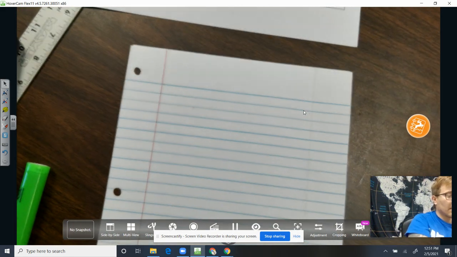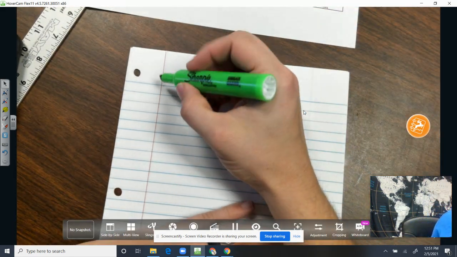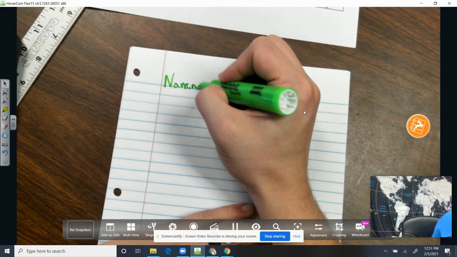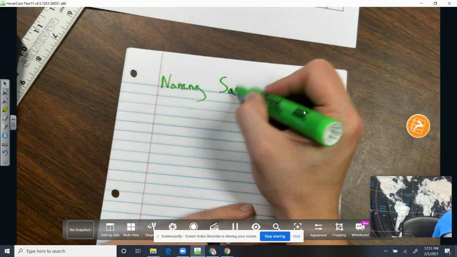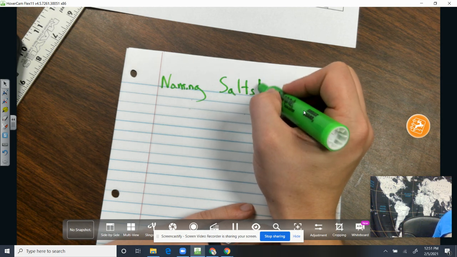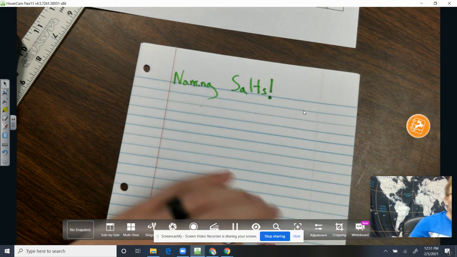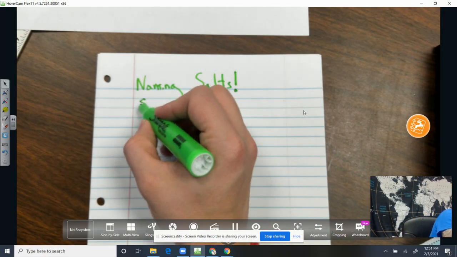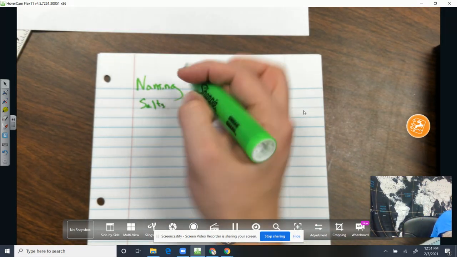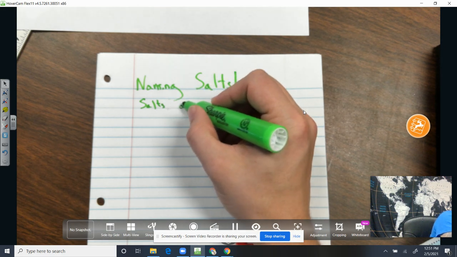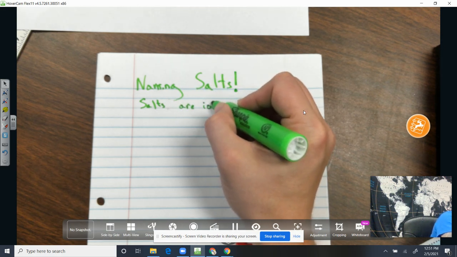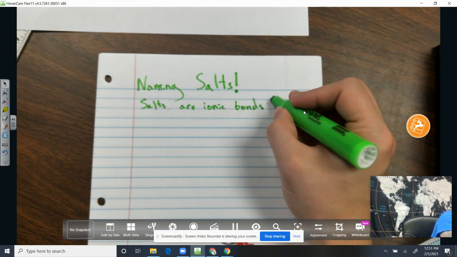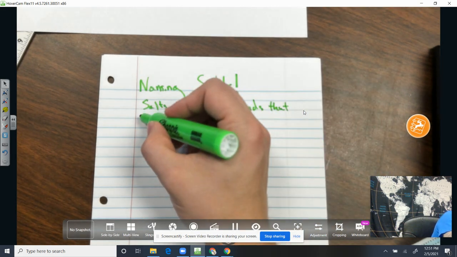So we're going to be talking about naming salts. Salts are ionic bonds that dissolve in water.